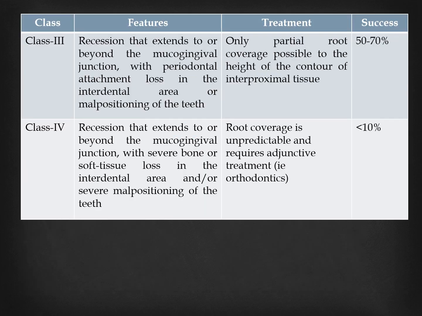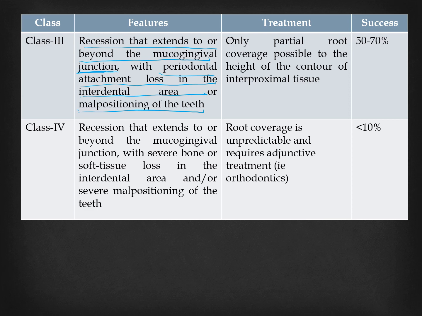Next is Miller's class 3, which represents recession that extends to or beyond the mucogingival junction with periodontal attachment loss in the interdental area or malpositioning of the teeth. Now, what is the difference between class 2 and class 3? Class 2 is having the recession that extends to or beyond the mucogingival junction but without periodontal attachment loss.